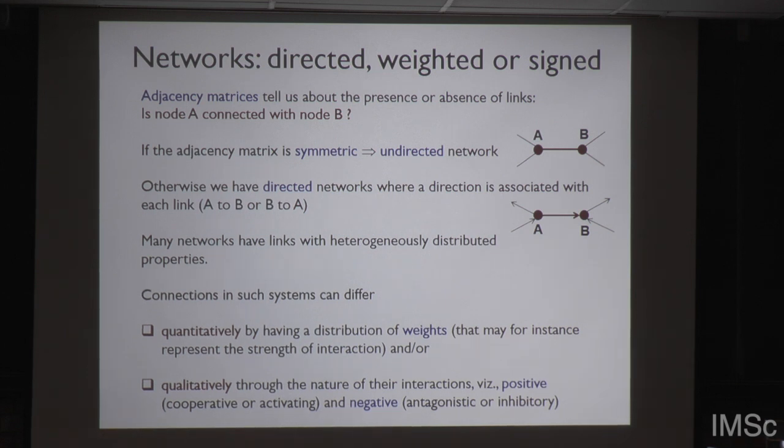Okay. And you have similar kinds of activatory and inhibitory interactions also, for example, in genetic regulation, where a particular transcription factor can act as a promoter for the expression of another protein, or it could inhibit the expression of another protein. So you could have positive relations as well as negative relations. So in order to represent those kinds of qualitatively different interactions, you have to consider signed graphs.